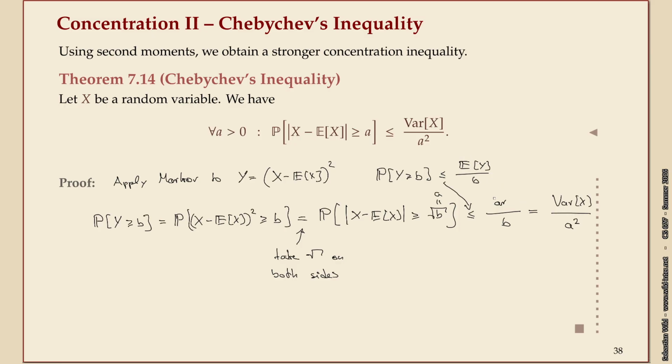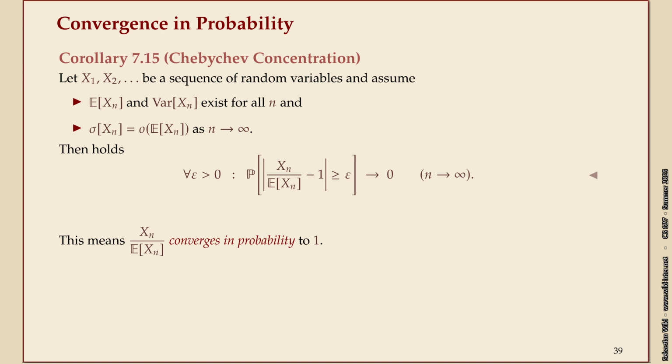So let me leave here the expectation of y divided by b. That's what Markov gives us literally. And then I'm plugging in the definition of variance and the definition of a, if you want. It's basically just a calculation. The key thing is this first line only.